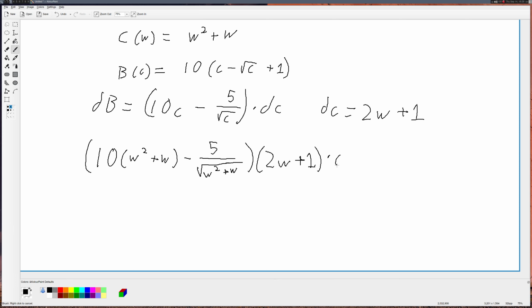And then all that times dW. And if we take dB over dW, we should cancel these out. And this whole expression here would be our rate of change in money per worker.